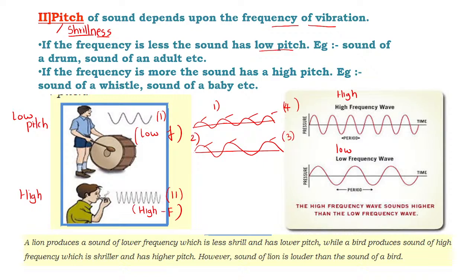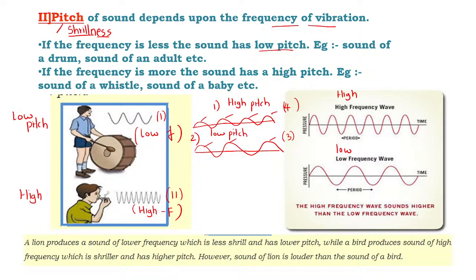Diagram 1 or diagram 2? Where the number of crests is more, it's a high pitch, high frequency sound. Where the number of crests is less, it is low frequency or low pitch. So diagram 1 is high pitch. Diagram 2 is low pitch.